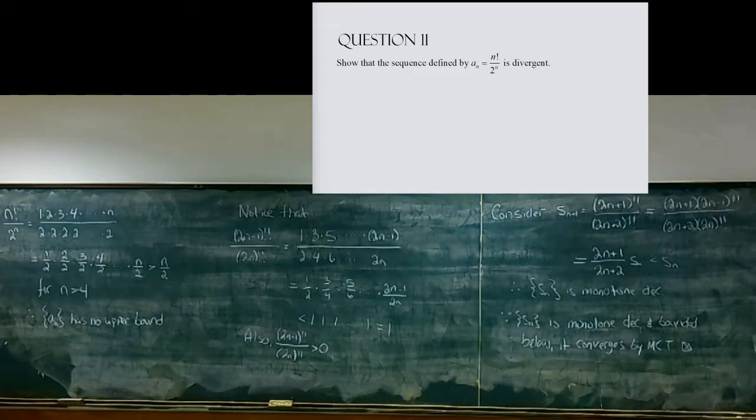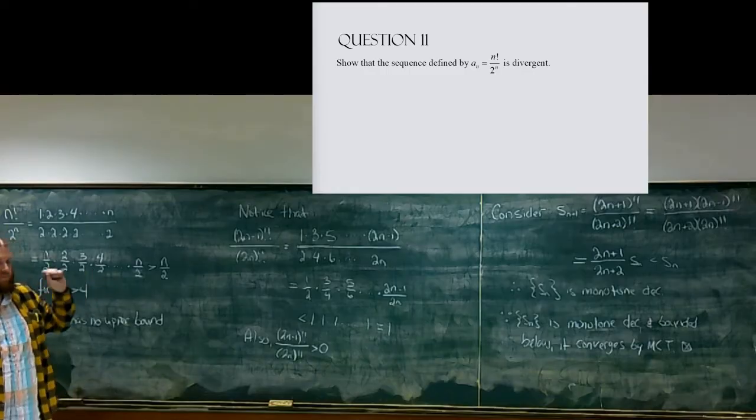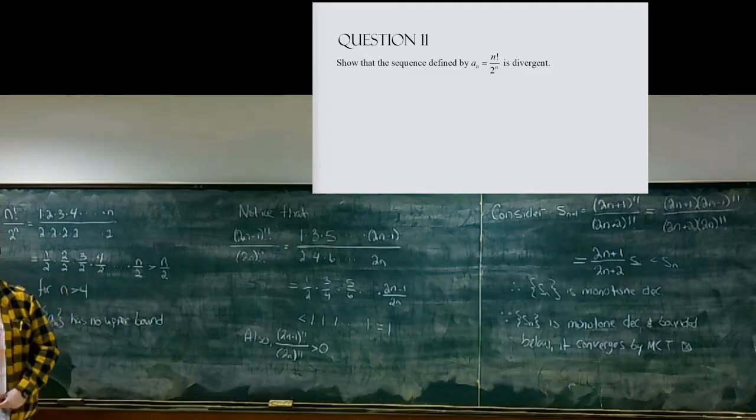There's no upper bound. That means that no matter what term you're in your sequence, beyond 4, I can find a larger term.